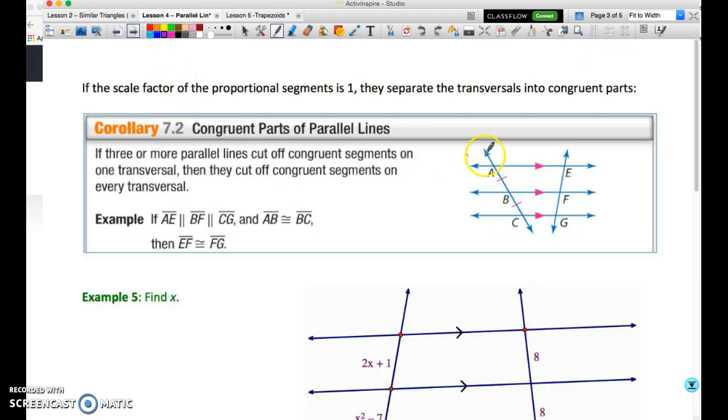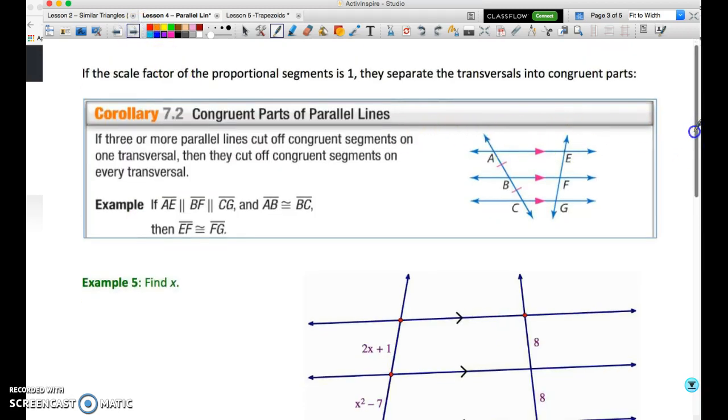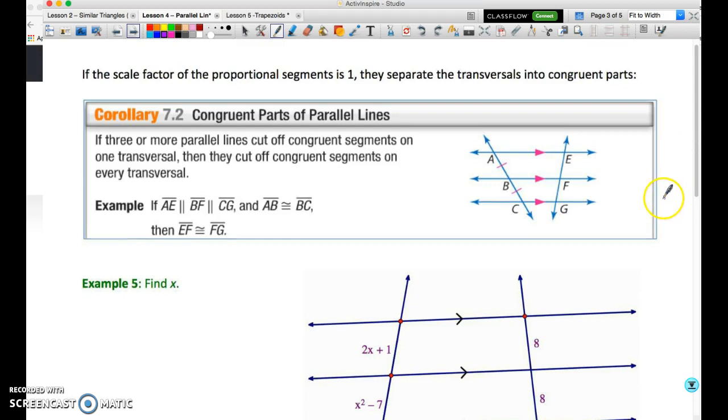Okay, so let's move on. If we take that theorem and add in an additional factor, that the parallel lines cut one of the transversals into equal pieces, then according to corollary 7.2, if parallel lines cut off congruent pieces on one transversal, they will cut off congruent pieces on all transversals.